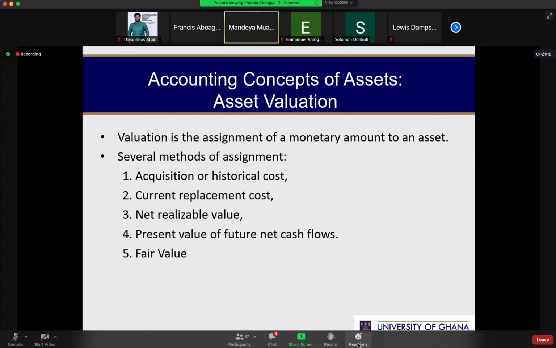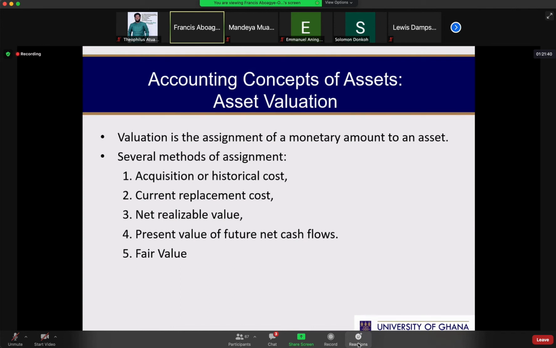70% of 8 cedis gives 5 cedis 60 pesos. So for each of them now, we can sell it at 5 cedis 60 pesos. But to be able to sell it, we have to incur a cost, which is going to be an expense of 50 pesos.